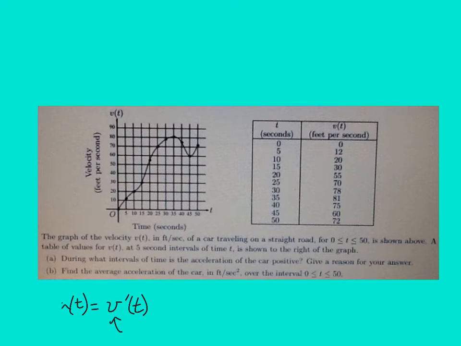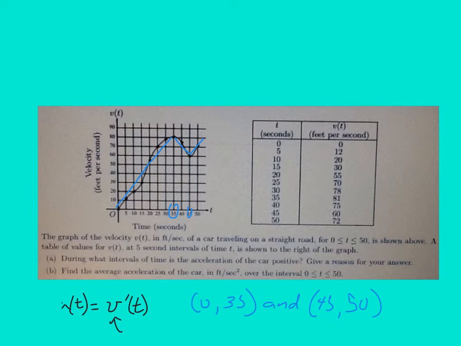Well, if we look at all of this, it seems to be positive all the way up to this point, which is 35 seconds. Then it becomes negative, and then it's positive again this last jump here from 45 to 50. So I'm just going to say we are from 0 to 35, and we can say 45 to 50.